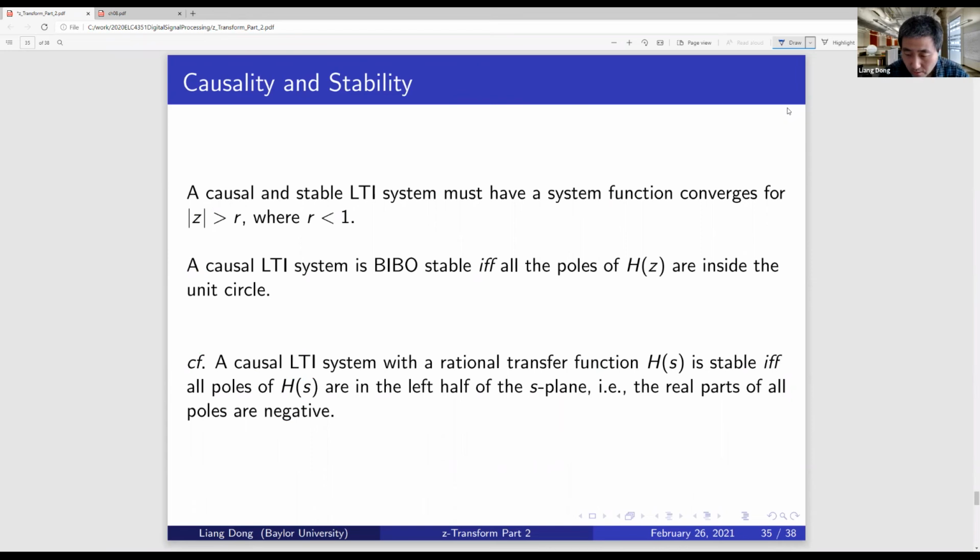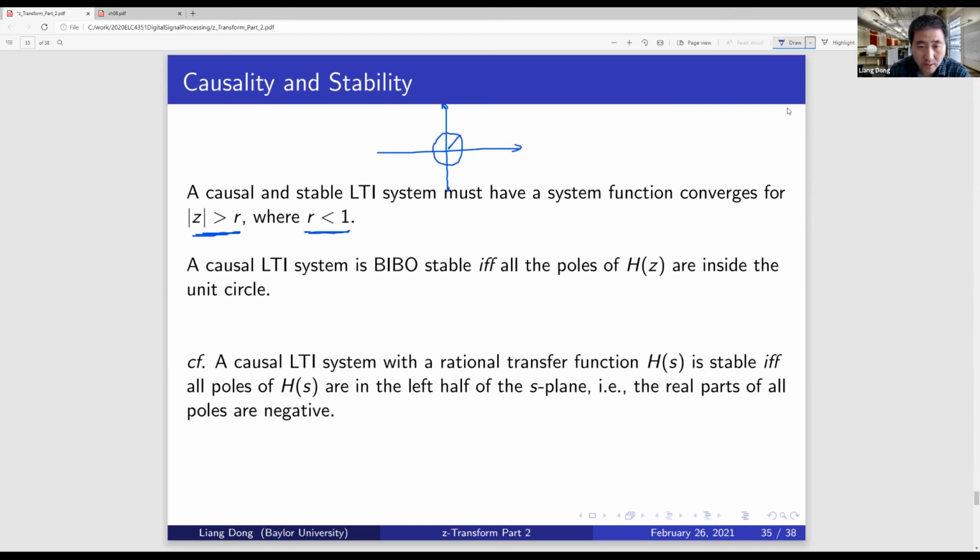Okay, so the previous two ideas, we're putting them together. A causal and stable linear time invariant system must have a system function that converges for |z| > R, because that's causal, the exterior of a circle, where R is less than 1.